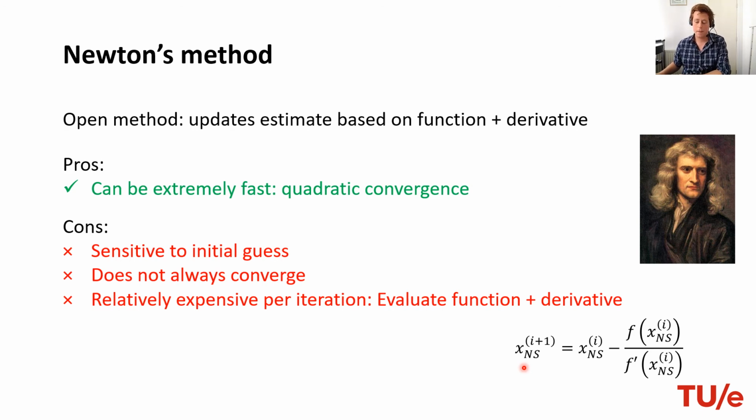Also, if you don't have an analytic representation of the function, then calculating the derivative analytically might not be possible, and you might need to do some approximations to this derivative. One of those approximations is actually used in the secant method, which is the topic of the next video.